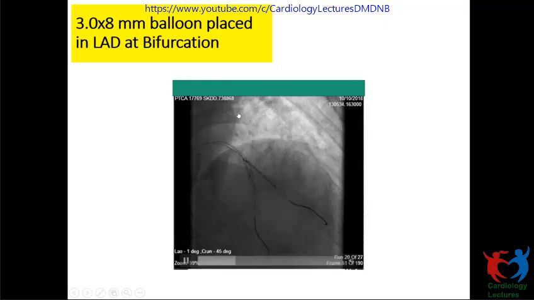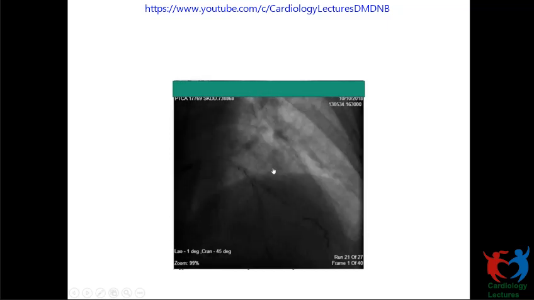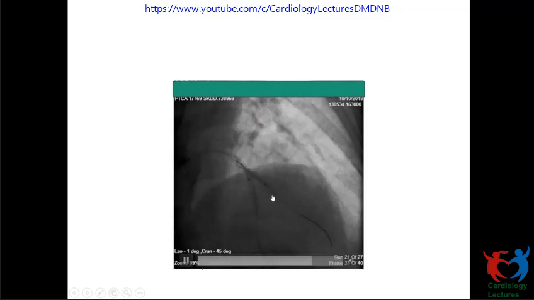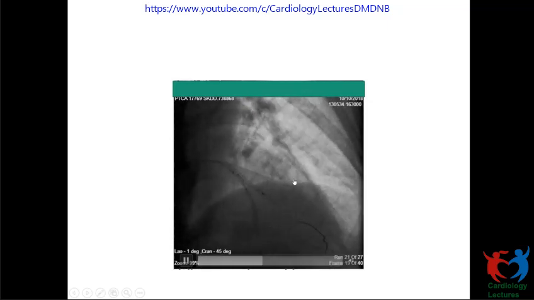We capped a balloon simultaneously into the LAD stent. Then this diagonal stent we took into the LAD stent so that we don't miss the side branch ostium at all. It is, I think, nicely covered.